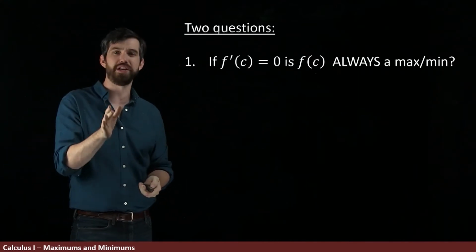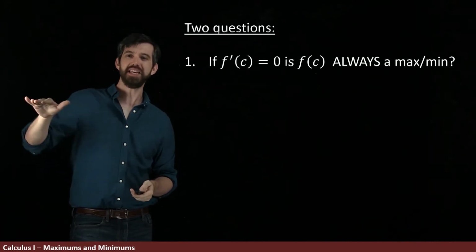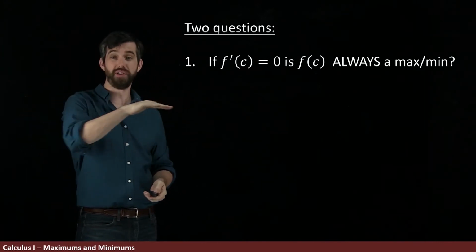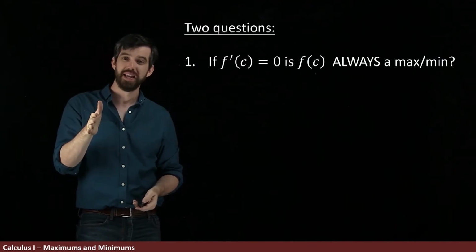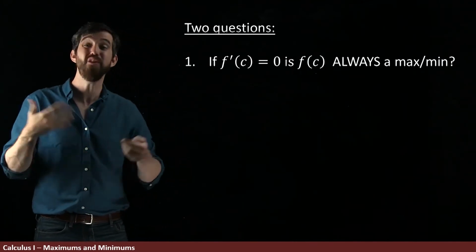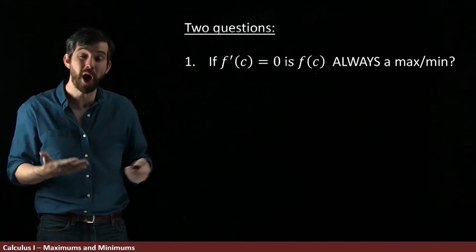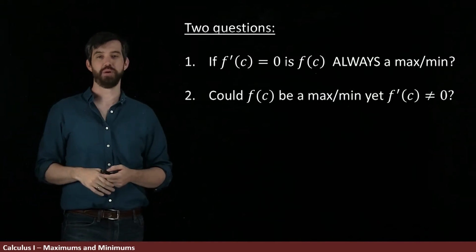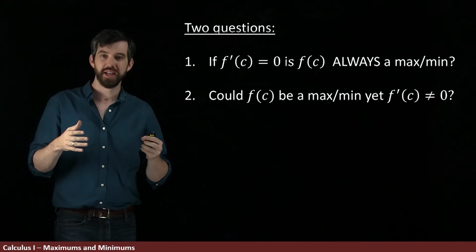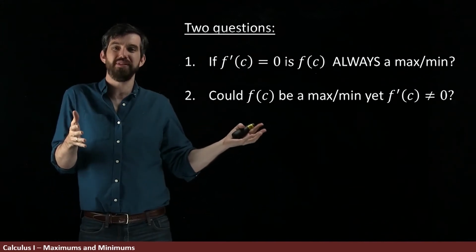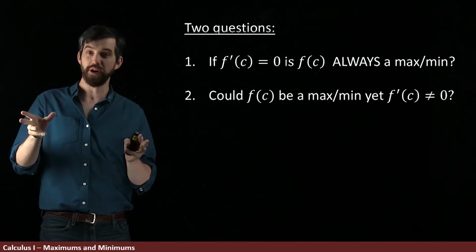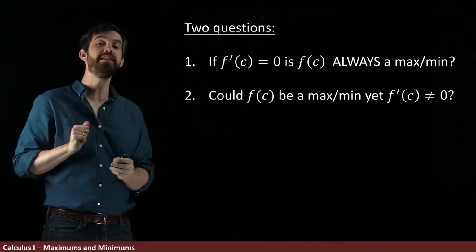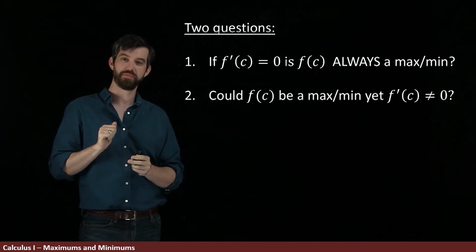And then the second question is, well, this idea of a derivative being 0, a horizontal tangent line corresponding to a maximum or a minimum, that's lovely, but is it ever possible for other values, or for the derivative not existing, that you could have a maximum or a minimum? In other words, is this condition of the derivative equal to 0 necessary, or are there other possibilities? Ponder about whether either of these questions is true.